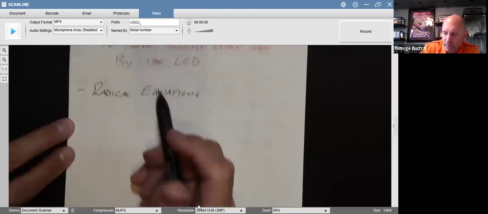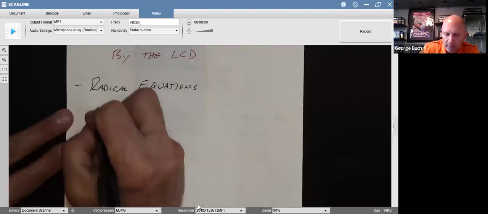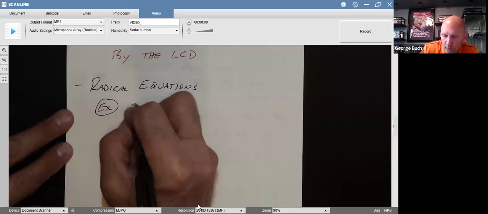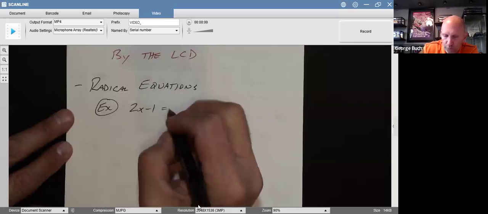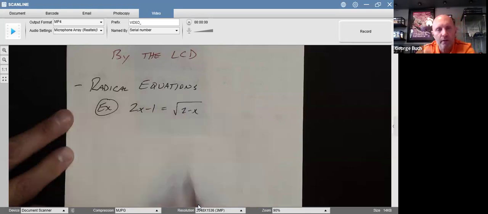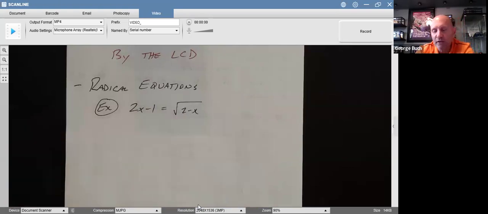Radical equations. So I could have something like, let's say 2x minus 1 is equal to the square root of 2 minus x. So I have an equation that has a square root in it.